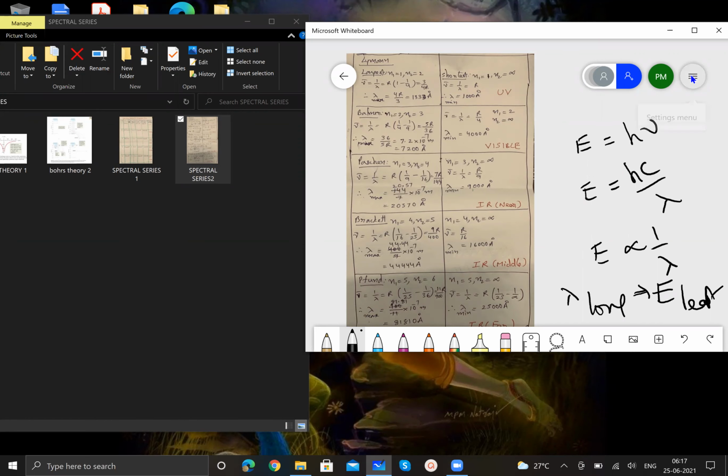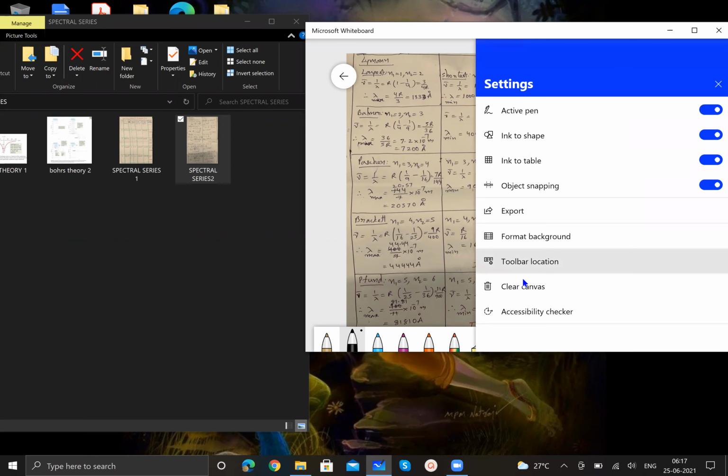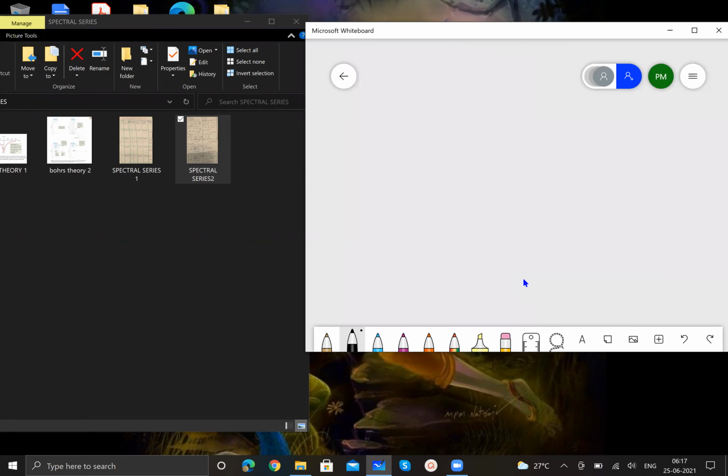Now I also told you some other relations, like how to get energy. Frequency nu will be C by lambda, that is C into nu bar.